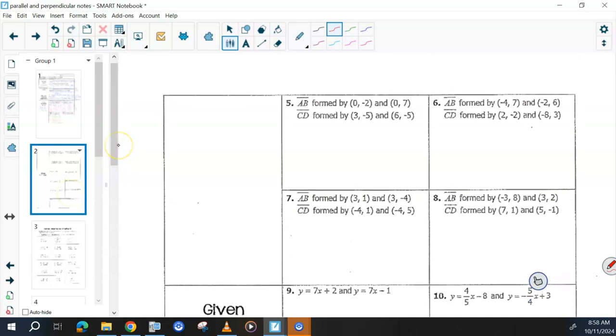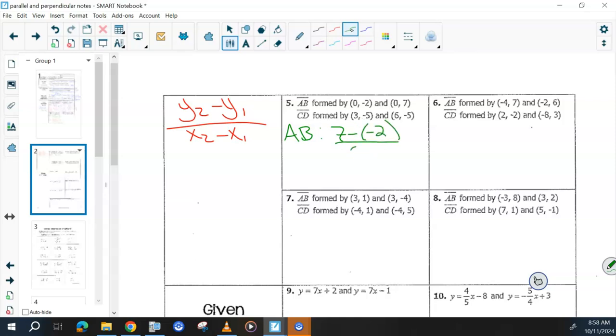We're going to do number 5. I will rewrite the slope formula once more. What is the slope of AB? It will be undefined.